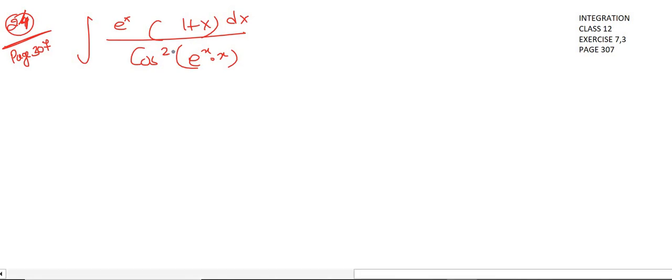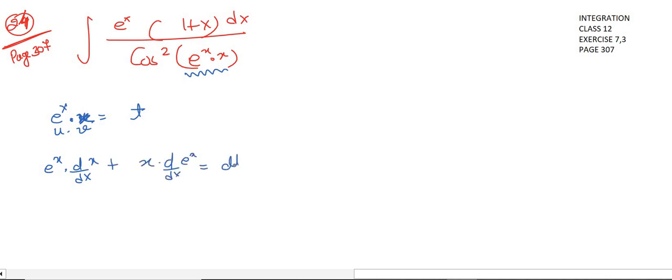With experience you will know that it is nothing but this denominator. This part is your t. Okay? So let me take e^x into x as t. If I differentiate using the u into v method, e^x as it is, derivative of x, plus x as it is, d by dx of e^x is dt.